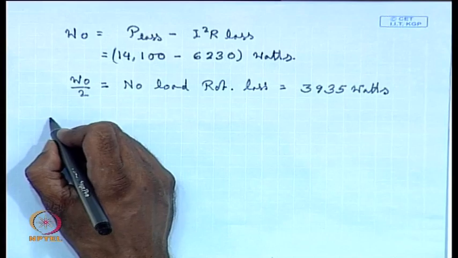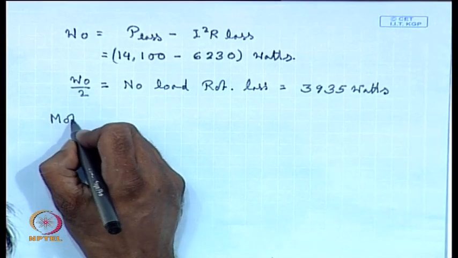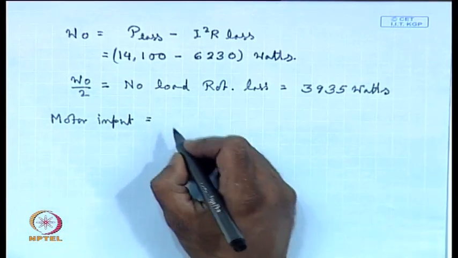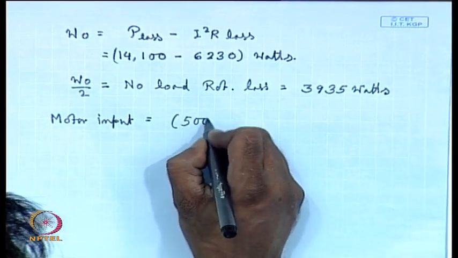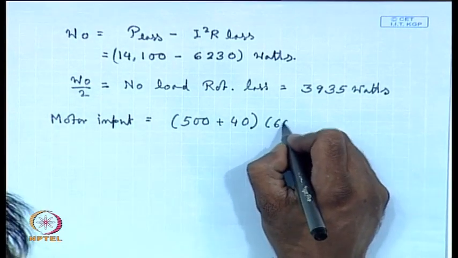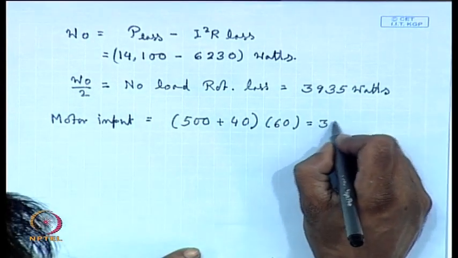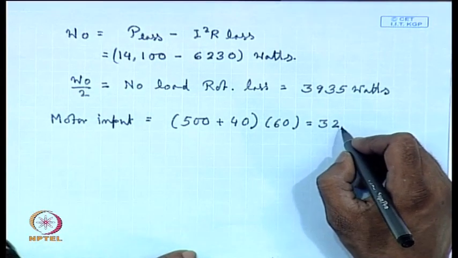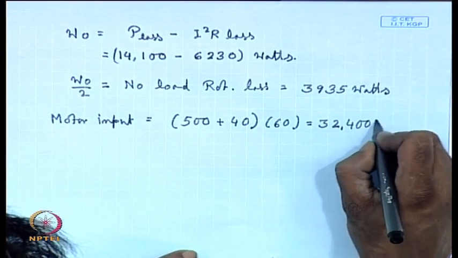Motor power input is equal to 500, the armature voltage, plus 40 volt, the field voltage, into 60. This comes to 32,400 watts.